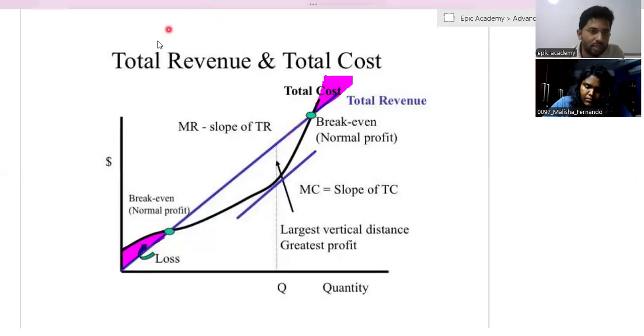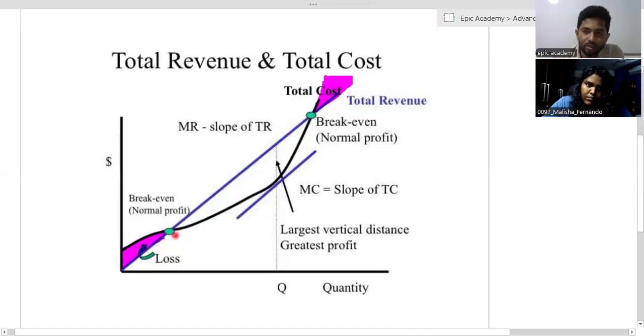So now you can identify the value of the break-even point. From the break-even point, your profitability is changed. Subnormal profit to normal profit to supernormal profit. In here, supernormal profit to normal profit to subnormal profit.